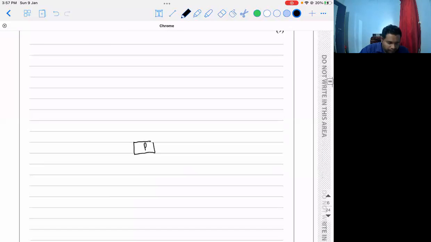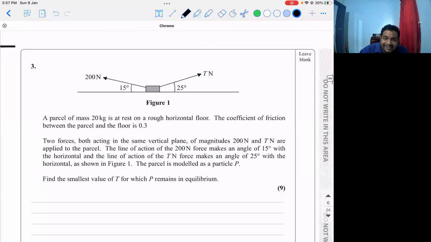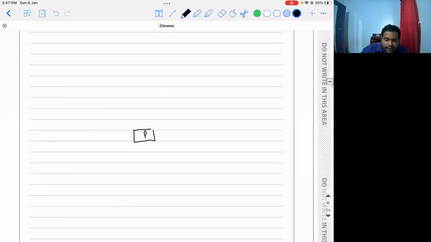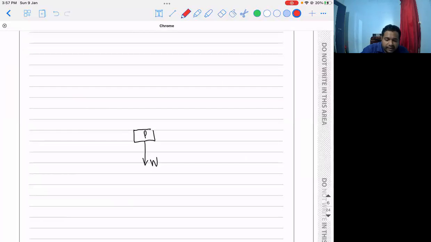Definitely this particle has a mass, and due to that, the weight is acting downwards. And similarly, there is a reaction. Due to this weight, there is a reaction because it's sitting on the floor or resting on the floor.